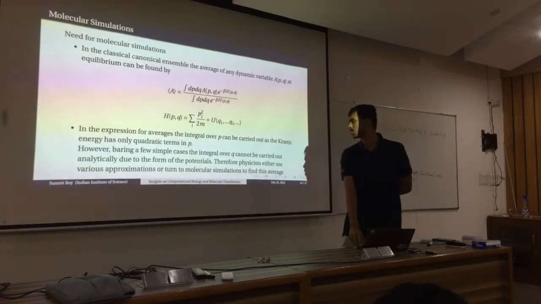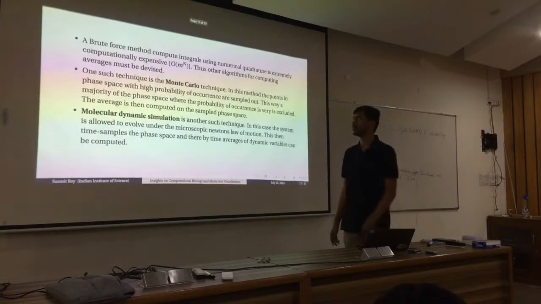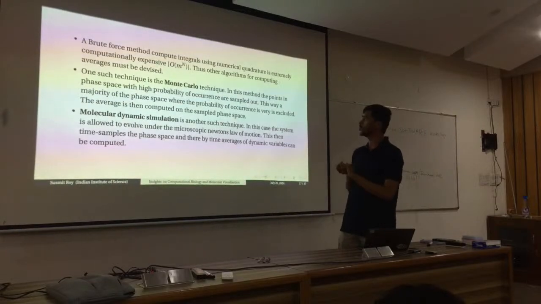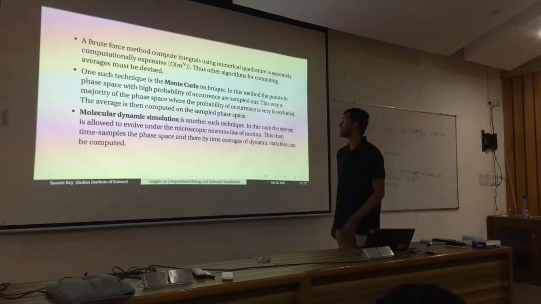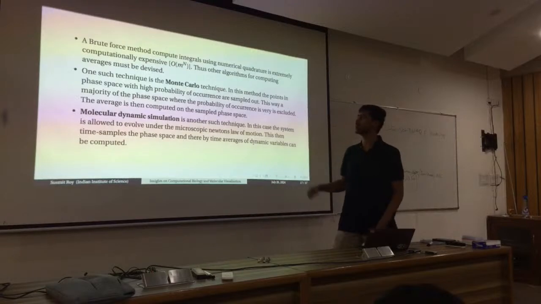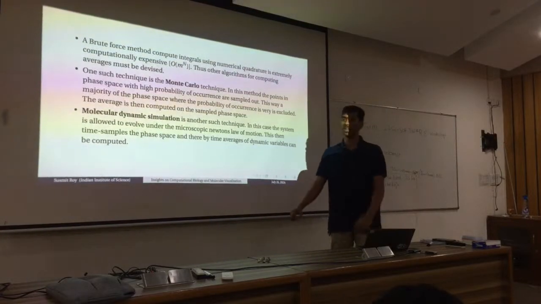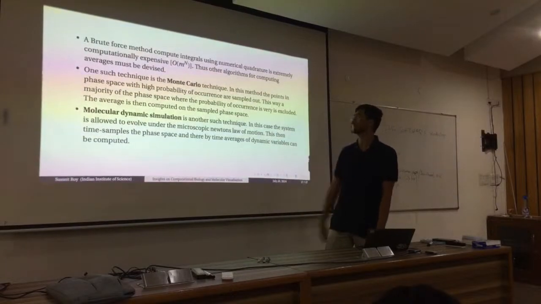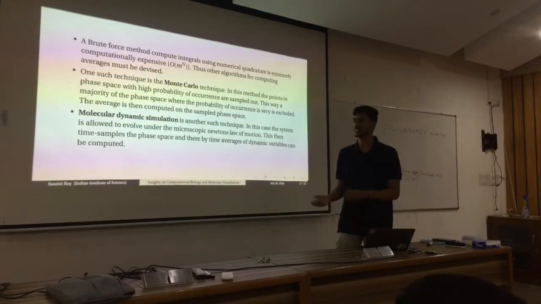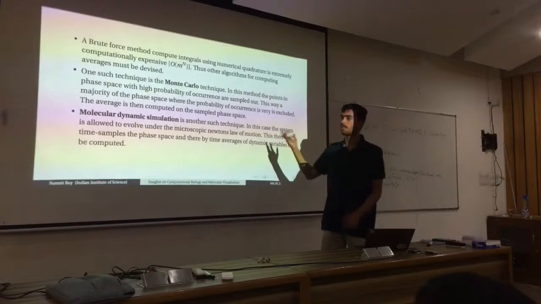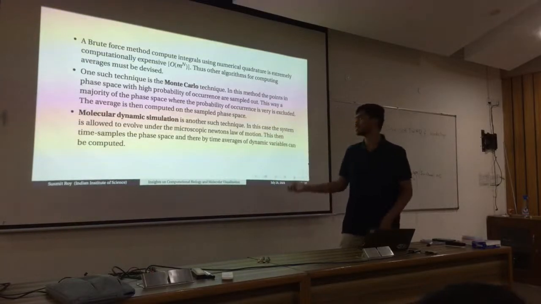So we need to resort to numerical methods. And when we talk about numerical methods, we can do a brute force numerical quadrature, but this is very computationally expensive. It goes as order of M to the power N, where M is the number of steps on the real line for integration, and N is the number of particles in the system.